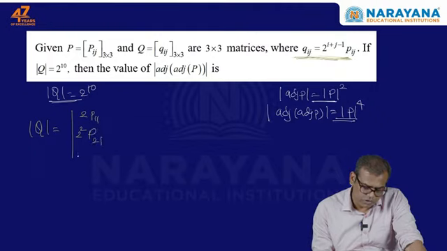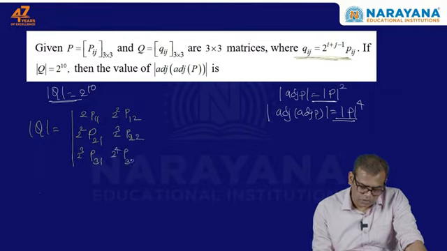Second row first column element, 2q, third row first column element p. First row second column element, 2 square; second row second column element, 2 to the power 4; third row second column element, 2q. First row third column element, 2 to the power 4; second row third column element, 2 to the power 5 will come here, and the third row third column element.